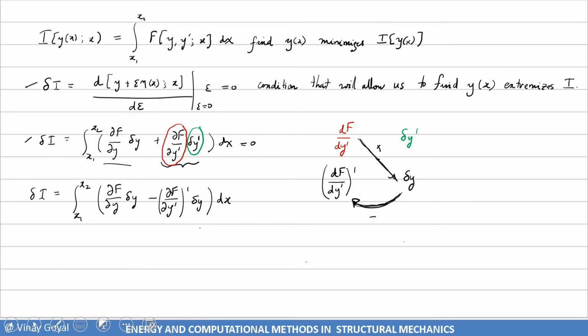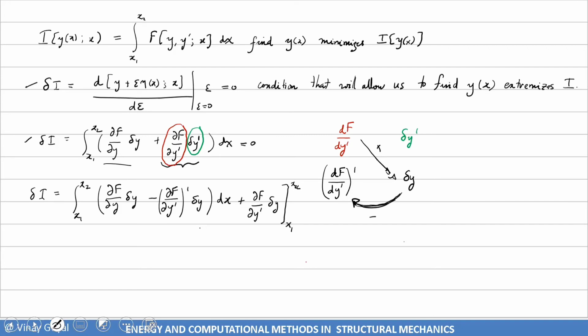This is the term I'm doing in the boundary term. And so that's plus derivative of f with respect to y prime times delta y, but now this is evaluated only on the boundaries, x1 and x2.